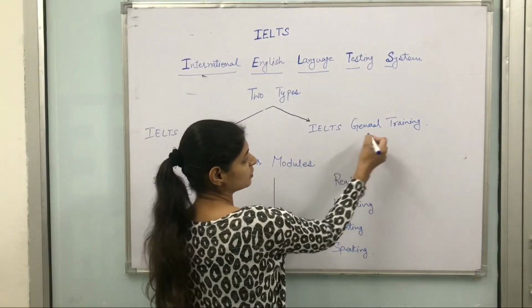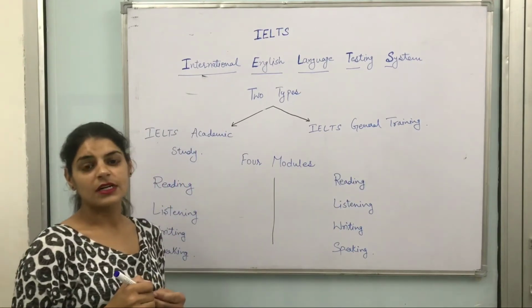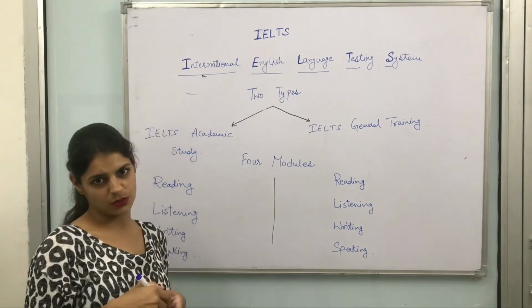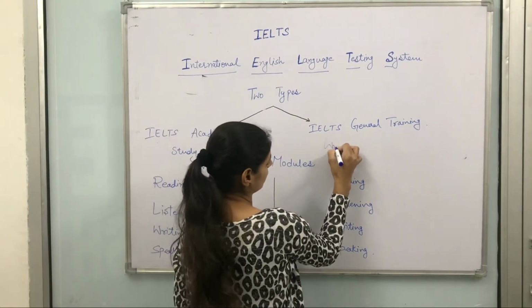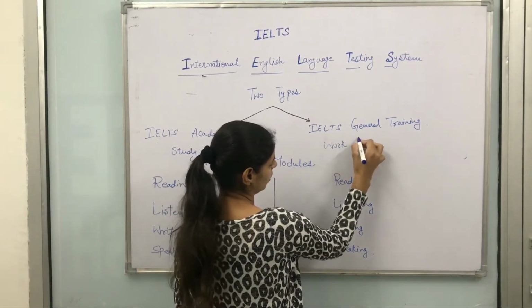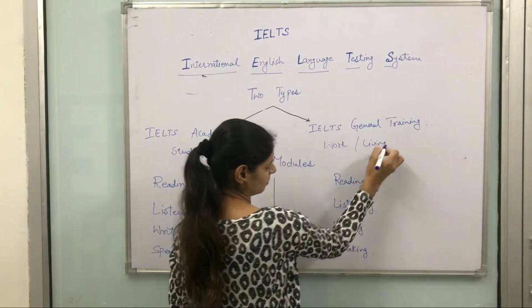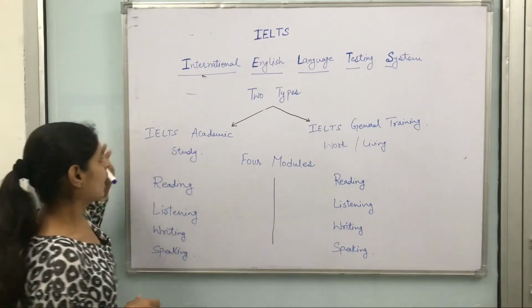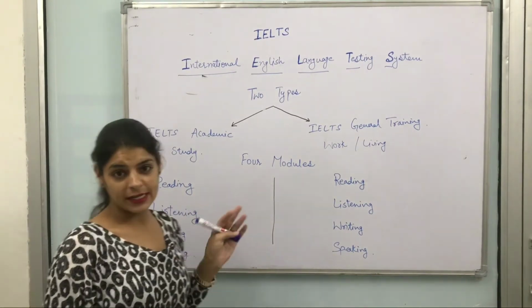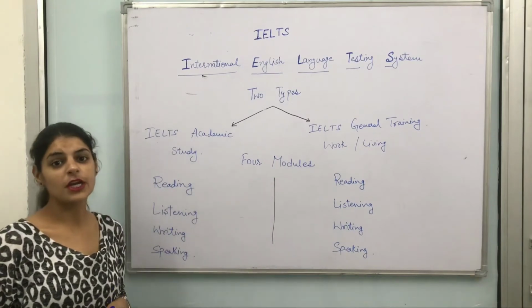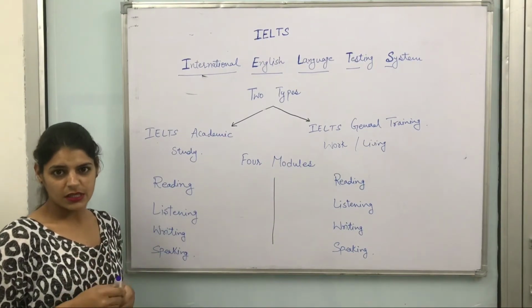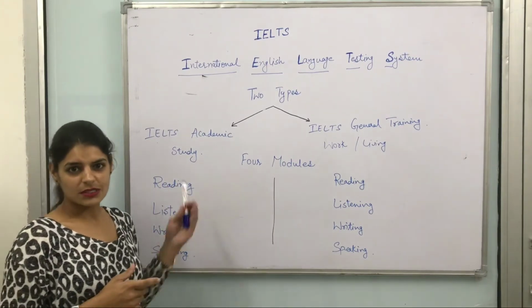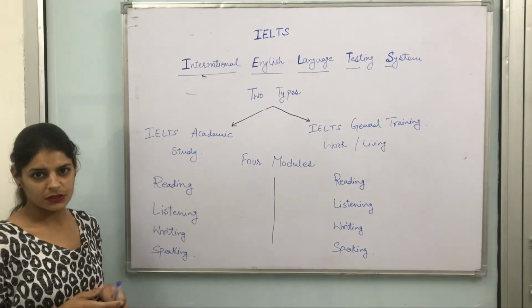General Training is for those candidates who wish to work abroad and settle over there, so this is for work or living purposes. Mostly, I can say that 80% of individuals wish to do Academic because they have study purposes.